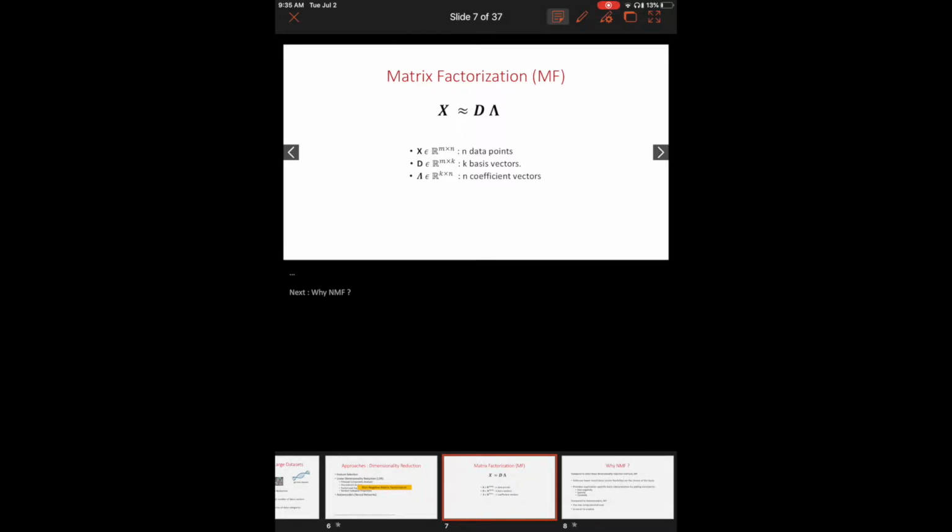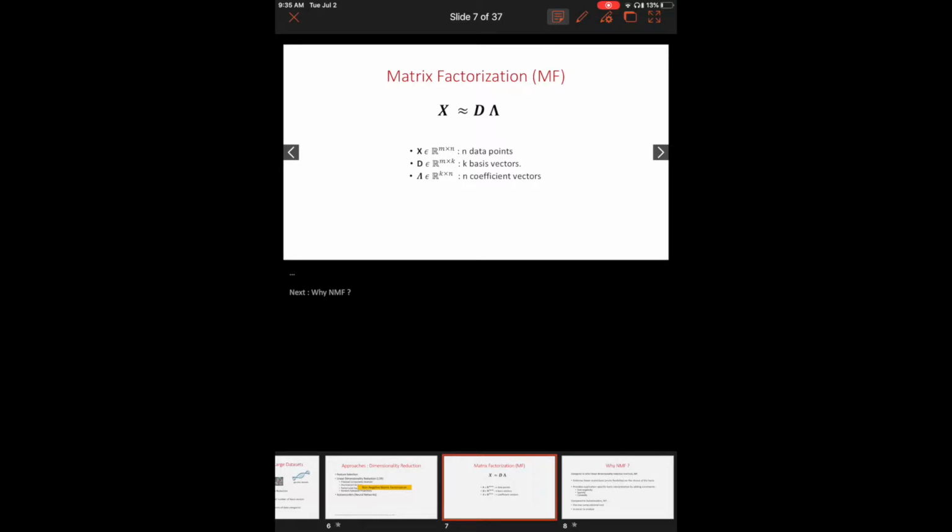You want to represent the data matrix as a product of k basis vectors D and their coefficient vectors. Each column of the coefficient matrix lambda corresponds to a data point, and it is represented as a convex combination of the k basis vectors.